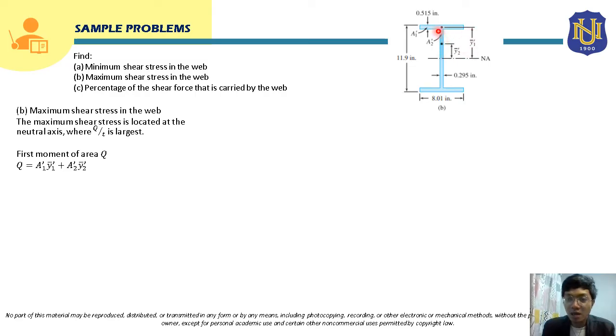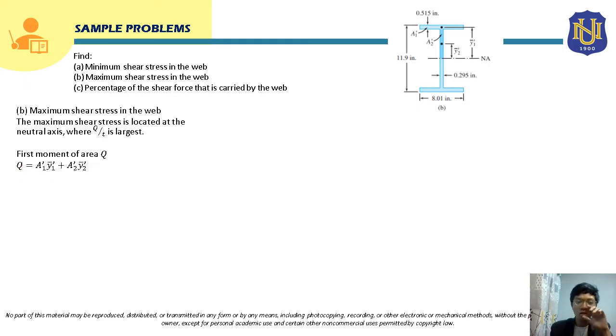Then we also sum up the Q of this other area, which is A2 prime. For A2 prime, its Q will be its area, A2 prime, times the distance of its centroid to the neutral axis, which is Y bar sub 2 prime. So we just sum them up to solve for Q.